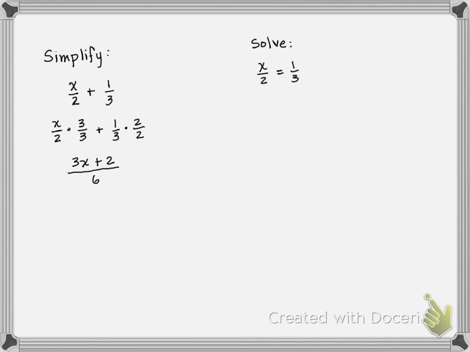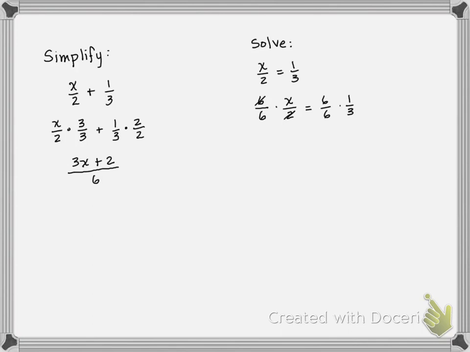Don't you have to multiply by 6 over 6? So let's see what happens. If I multiply by 6 over 6, this becomes a 3, and then that becomes a 2.